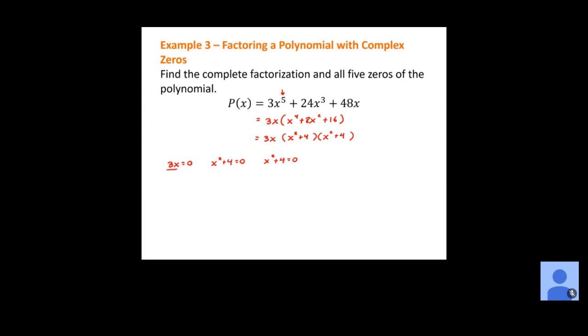Zero, right? Because you're just going to divide by 3, and 0 divided by 3 is 0, right? So that's one of our zeros of this polynomial now.